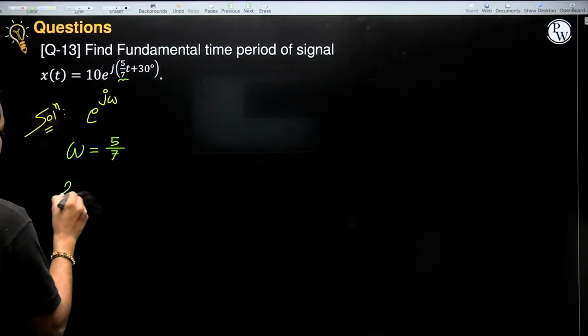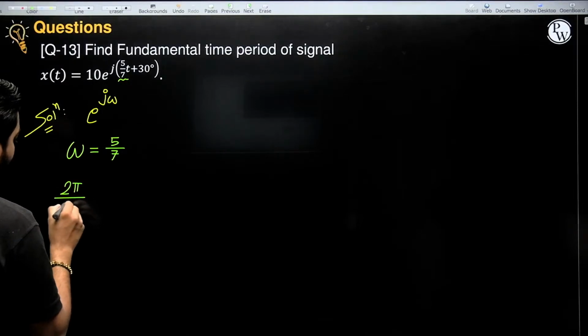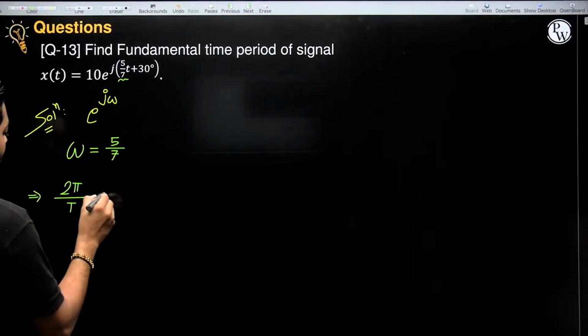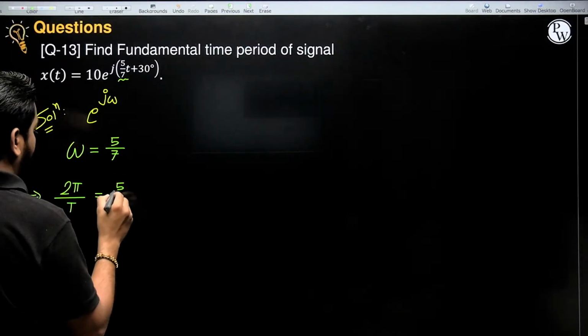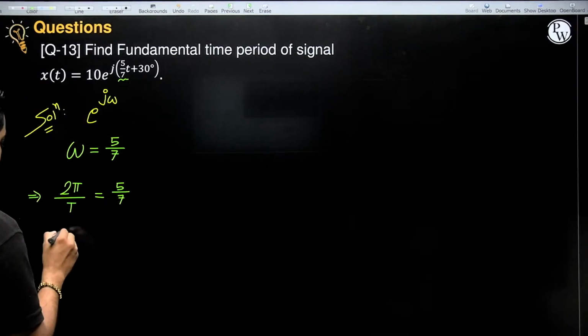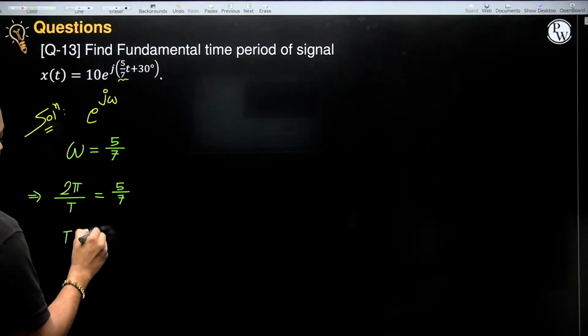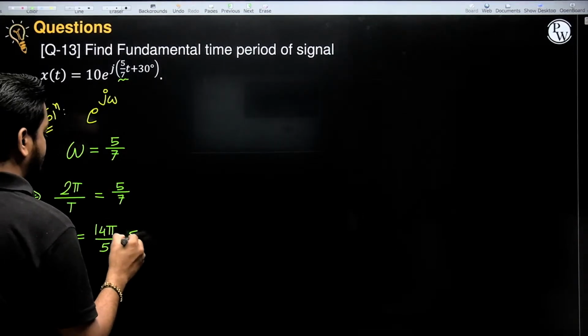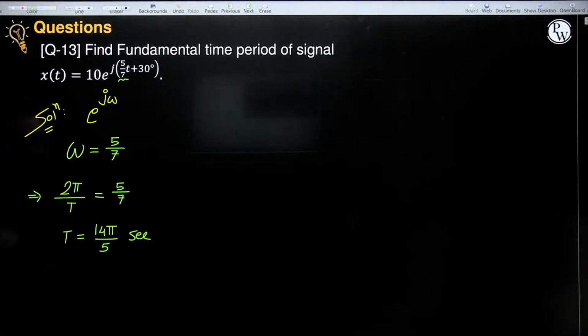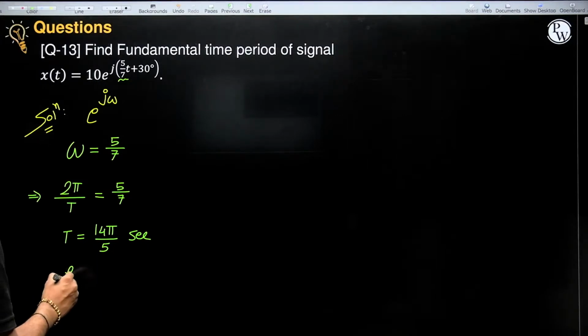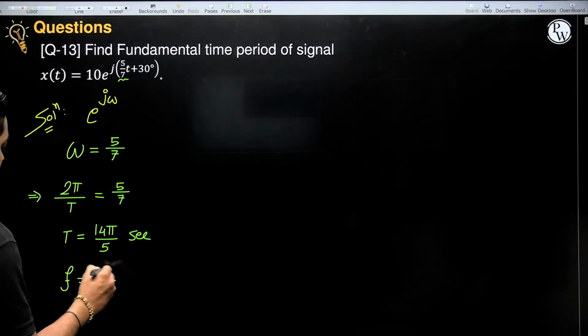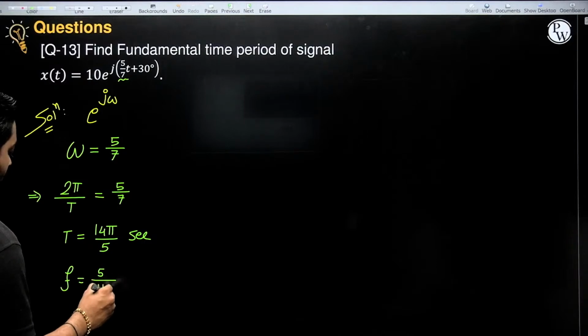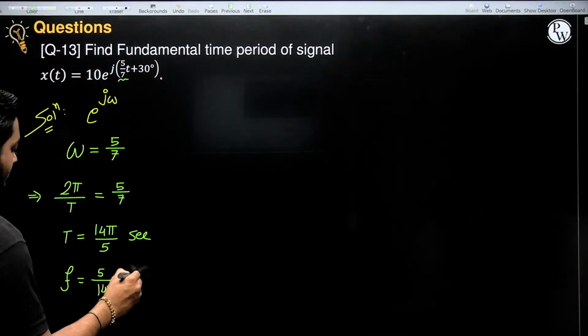So it is 2 pi by capital T equal to 5 by 7. So T is equal to 14 pi by 5 seconds, and F is equal to 5 by 14 pi hertz.